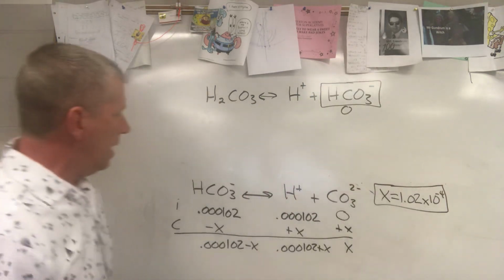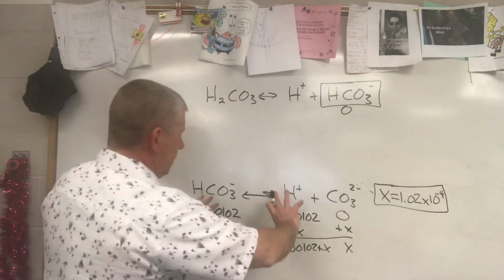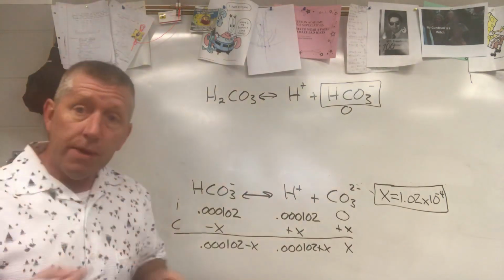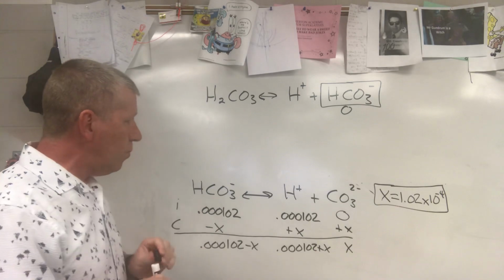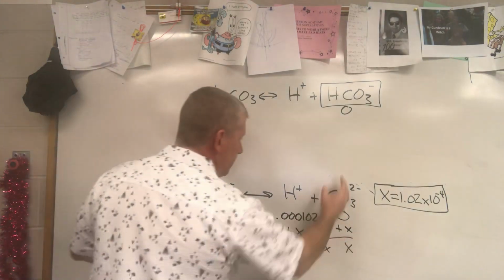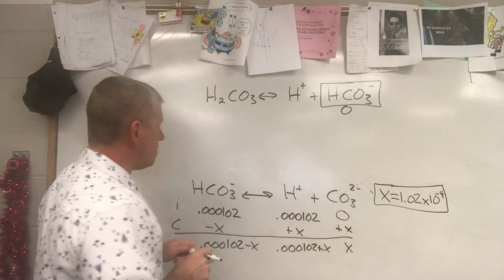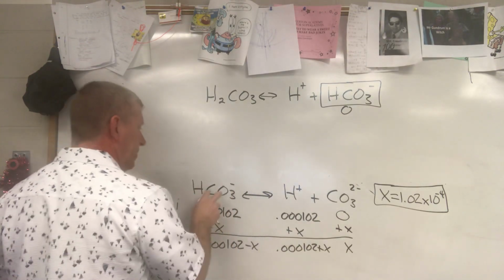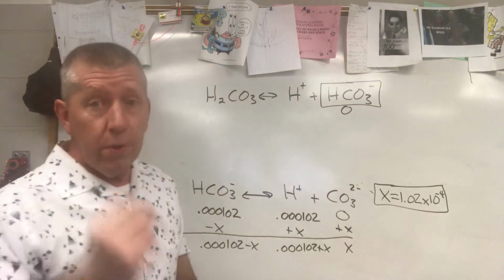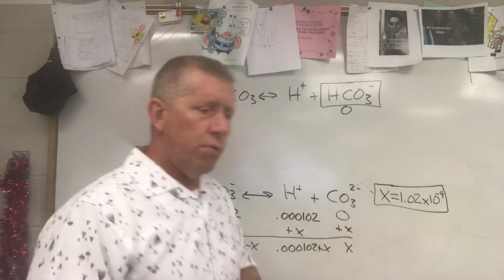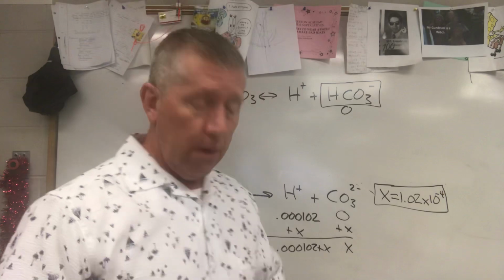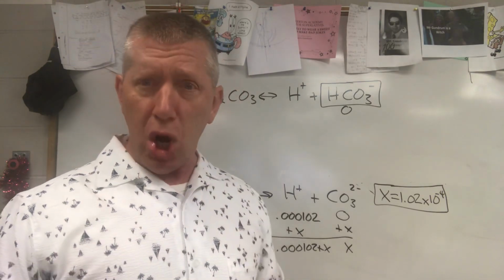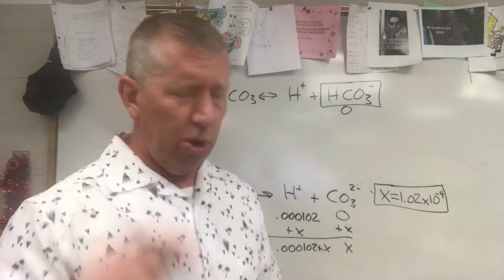Let's go ahead and put these numbers into a K equation, so we can figure out what the X's are here. Now I'm going to need K for the bicarbonate, weak acid. That was given in the problem as well. Oh, good. Back in my day, we had to memorize all the K values for every single acid.